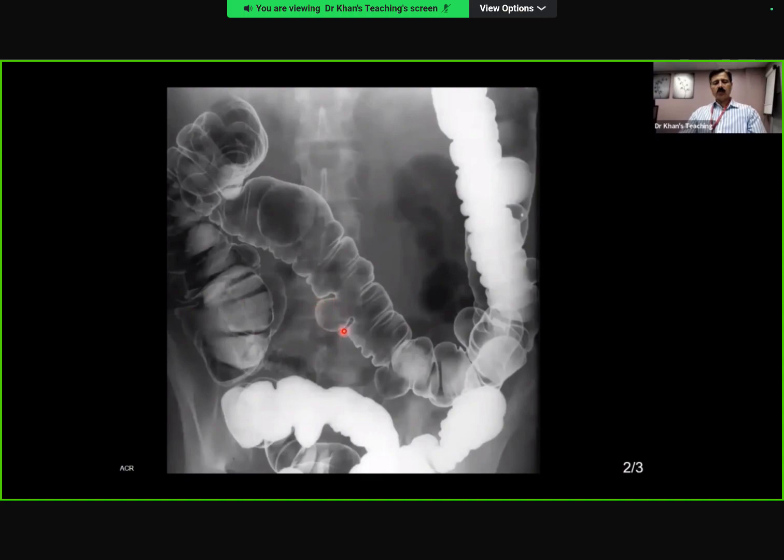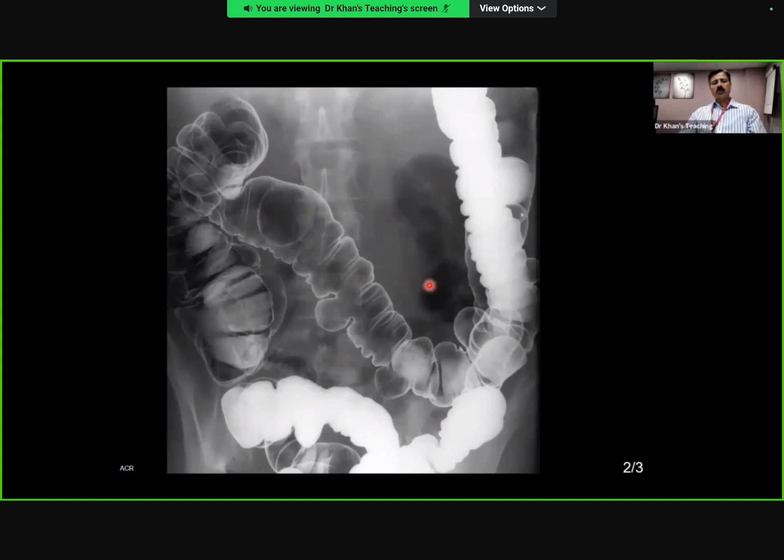There can be what we call pseudo-sacculations. It just pops out like this and pops out like this. I have shown you this in small bowel also, where you could see pseudo-sacculations at the antimesenteric border of the small bowel, and there was a peculiar type of finding where you can see a distended small bowel where there is crowding of folds.